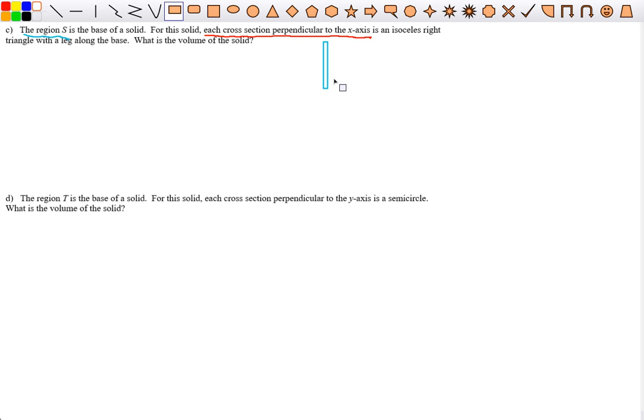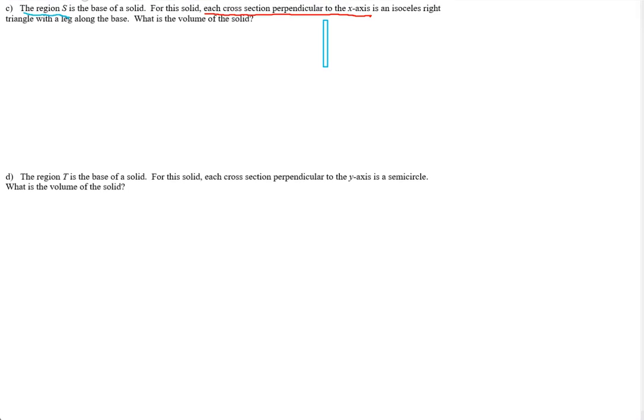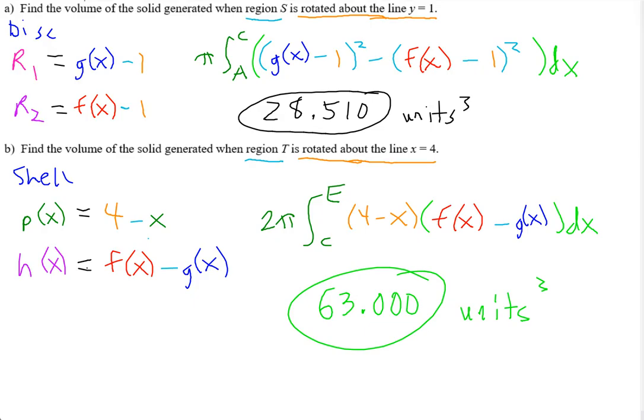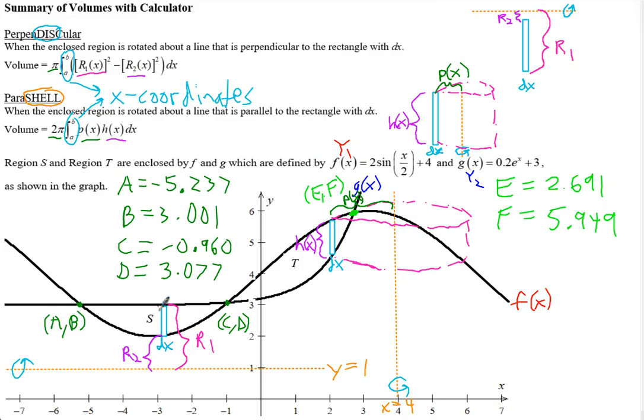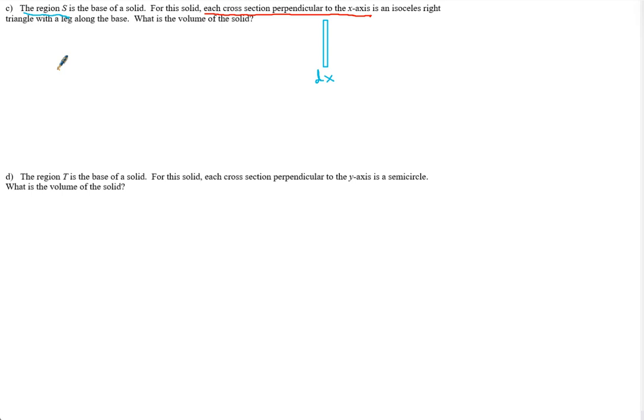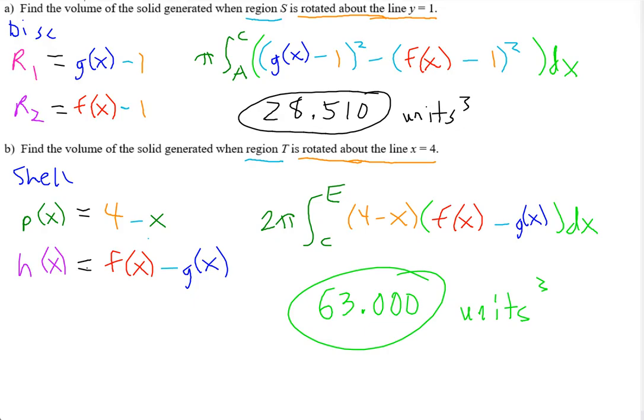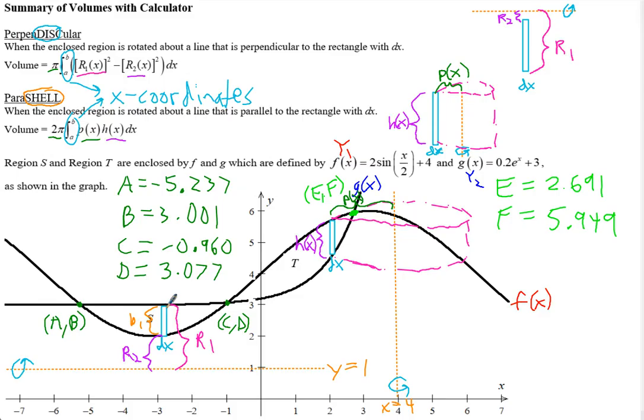So everything's going to be in terms of x. And we've already drawn that one for region S. So we can use the same one we've already drawn. And now this is going to be our base. Call it B sub 1. Since we'll have a different base on problem part D. So our base, B sub 1, would be the top minus the bottom, which in this case is g of x minus f of x.